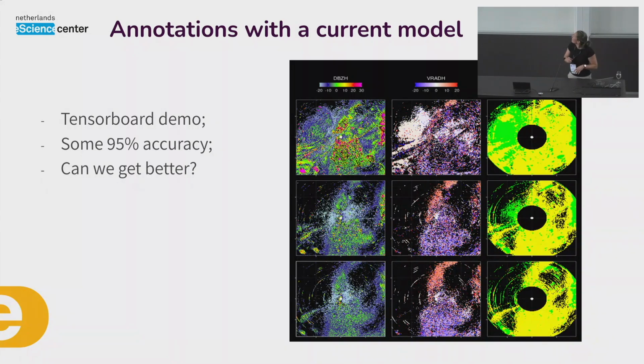I can explain as much as I understand myself, because I wasn't annotating myself. So they open, for example, this DBZH, which is reflectivity. And they look at a particular range of values. For example, if they are falling between, I'm just saying, 35 and 45, and at the same time something else, then it is likely to be biology.